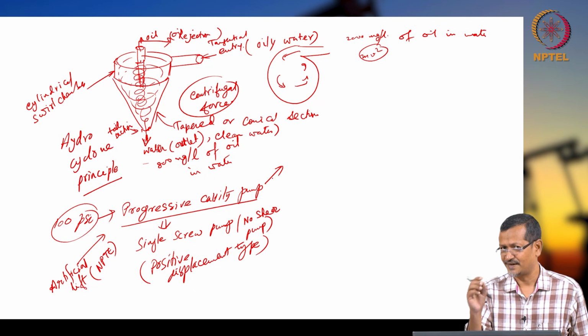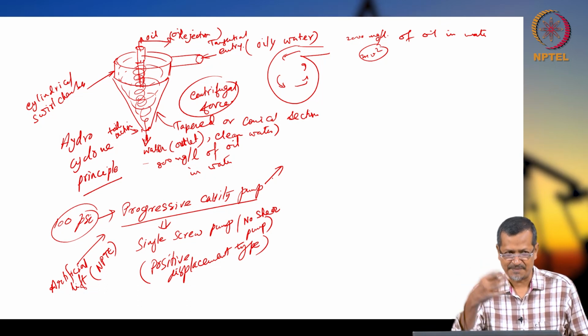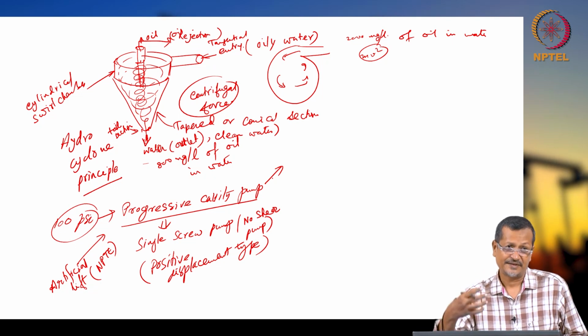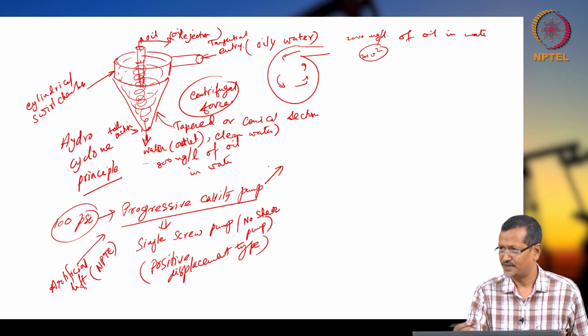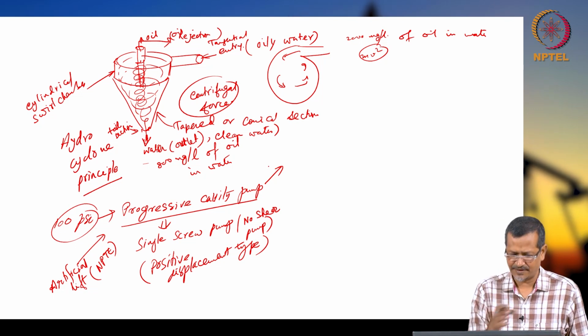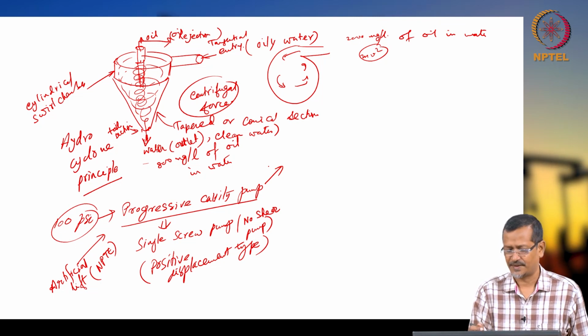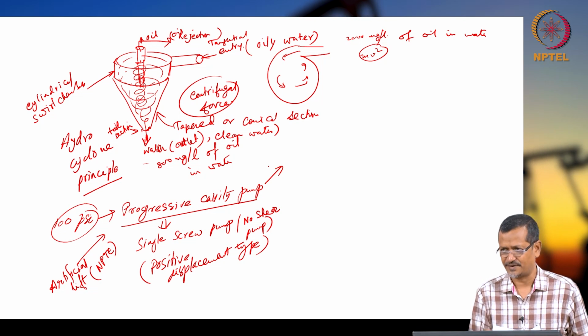The particle will not get sheared and will not create smaller particles. Whatever particle size is there remains the same, but you are increasing pressure. So you can use a PCP, a single screw pump, or another type of pump, but they have given the progressive cavity pump as an example. I am stressing it here because I have already recorded a lecture on YouTube, so you can look at it.